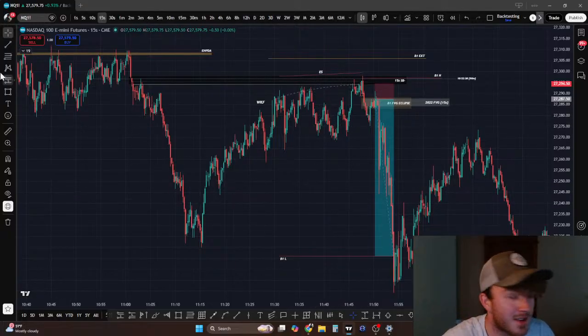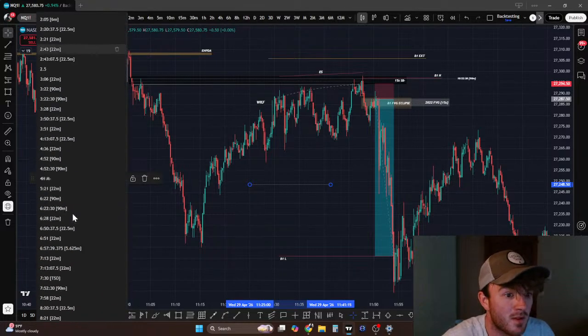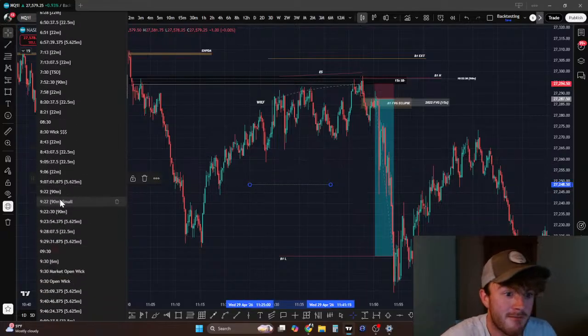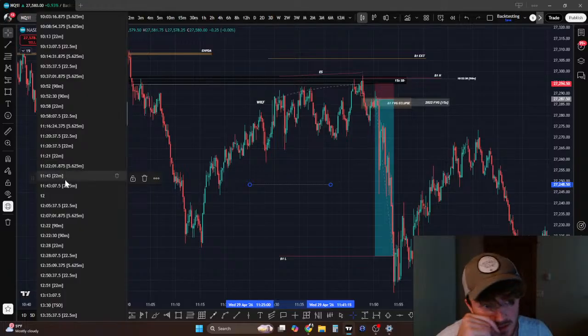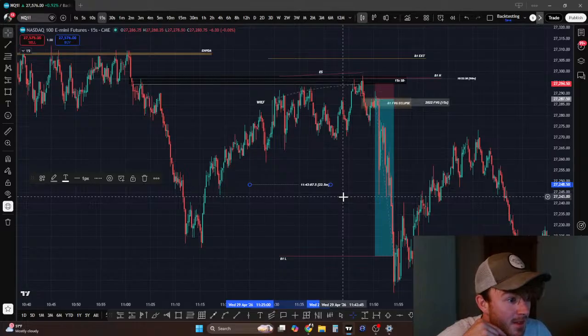What's the lower time frame true open? If you don't think this is an algorithm, I am sorry, but I don't know, man. 10:43:07.